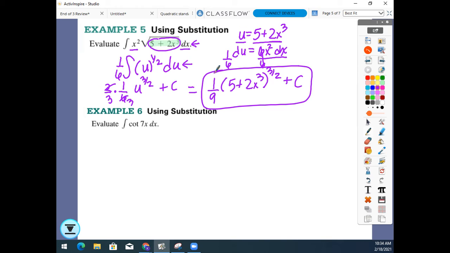Okay, so there's only cotangent here. Nothing is being multiplied times the cotangent function, but there is no antiderivative for cotangent. So I want you to remember what cotangent equals. You might not remember. Think of tangent as sine over cosine.